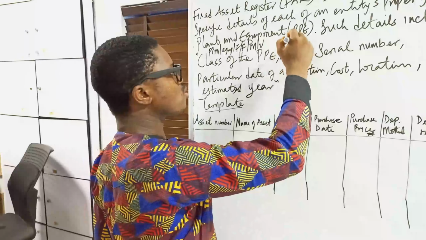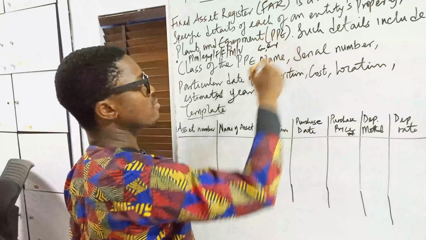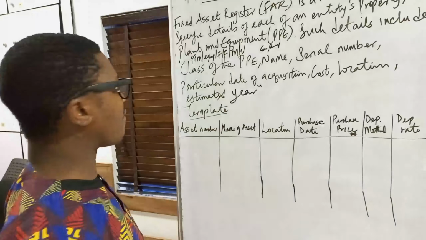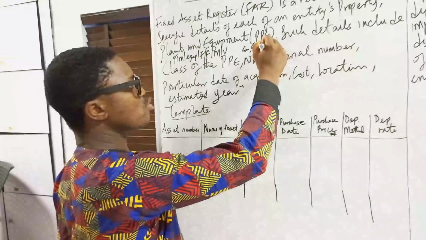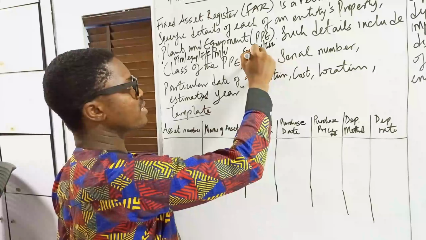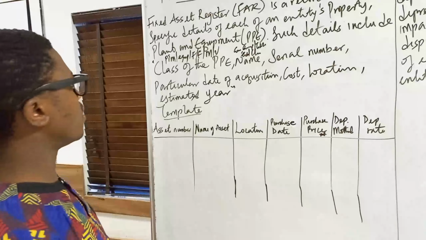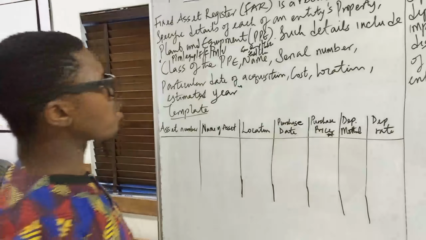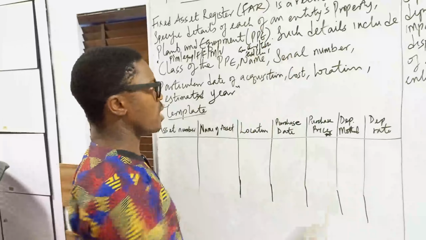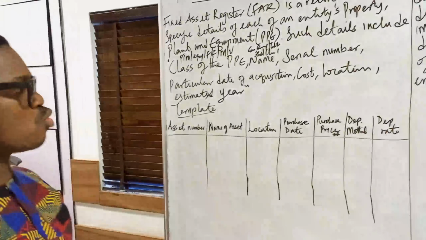Under equipment, it could be computer, laptop, or server. Under furniture and fittings, it could be table, cabinet, chair, or shelf. Under motor vehicle, it could be a lorry or a jeep.